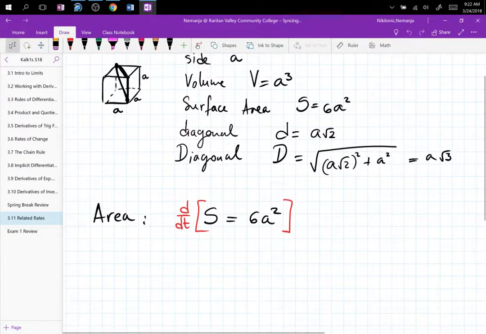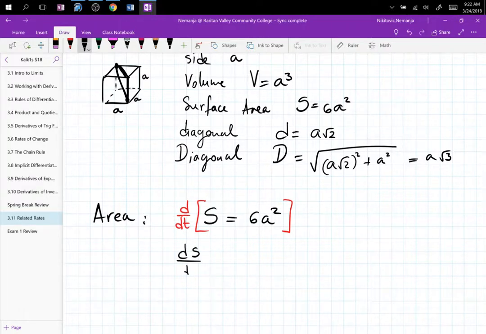So now the derivative of S is 1, and then we also have dS/dt. So what I have over here is dS/dt is equal to 6 times 2a, and then I have dA/dt, right? We have to put the chain rule for both of these sides because we are taking the derivative in t, and none of our variables are t, right? If you had some variable of t, you take the derivative of that, then you don't have the chain.